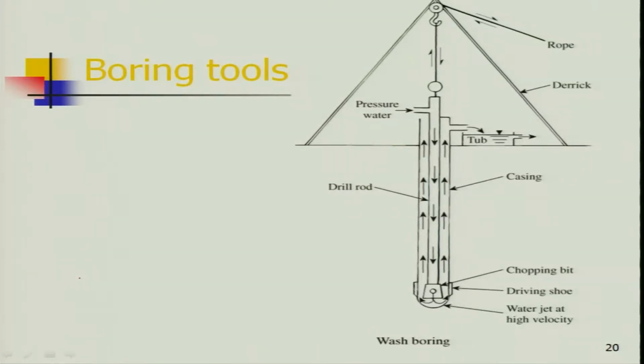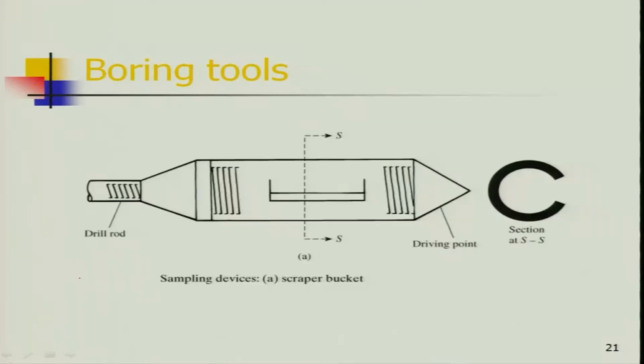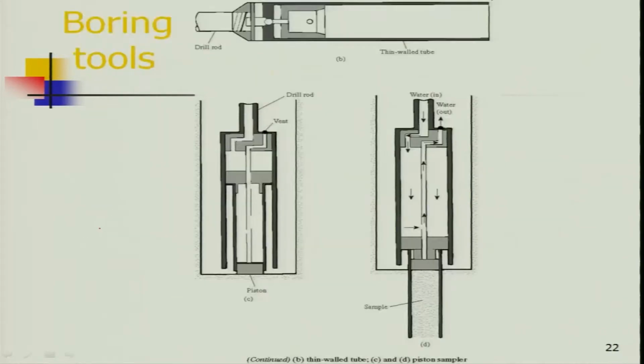Also wash boring, which I have discussed. Now for the boring tool, look here, this is your scraper bucket. By means of rotation it has to be pushed, with the drill rod. Now look at your Shelby tube, thin walled Shelby tube. Once the borehole has been made, this thin walled tube is connected to the drill rod.